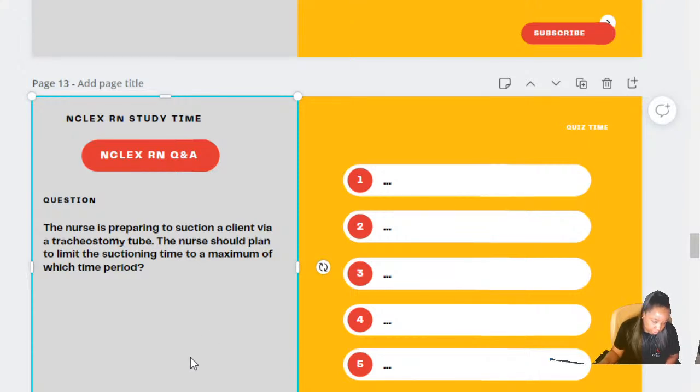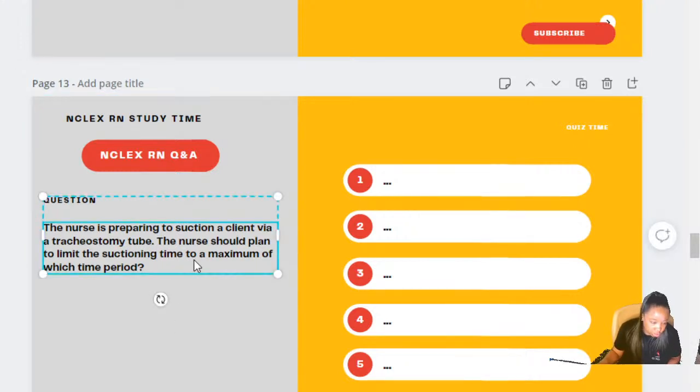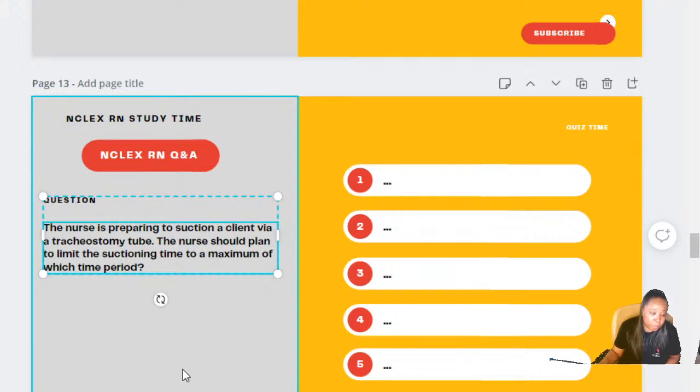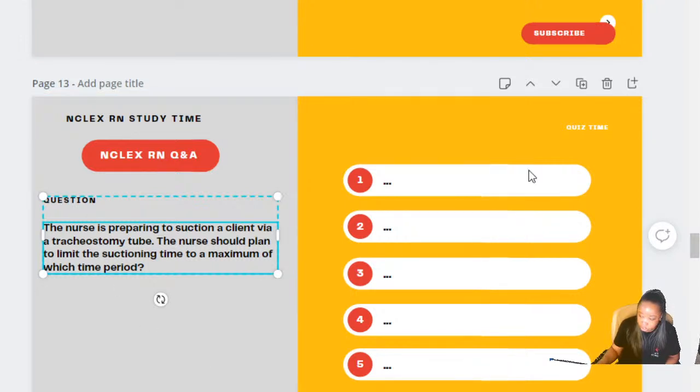Mostly if you're taking care of a trach patient, like a ventilator patient, a respiratory patient in general, if that patient needs suction, you need to know not to suction for too long, because each time you suction the patient, you also suction oxygen. See what I mean? That's why you should not suction the patient for too long.